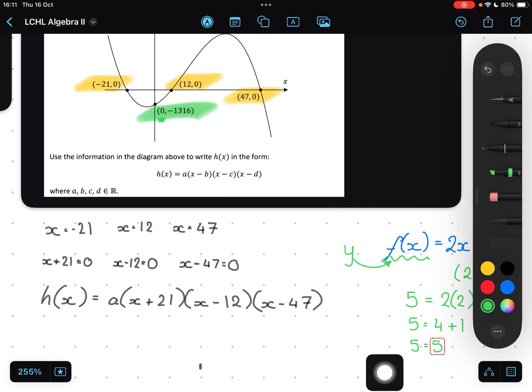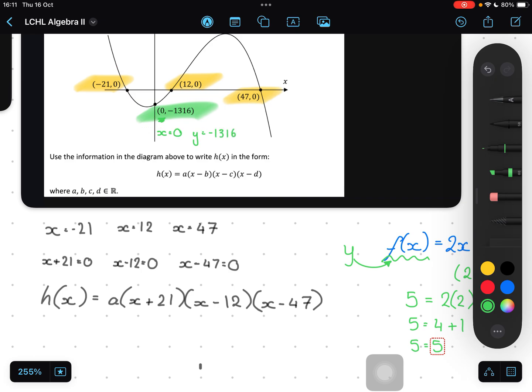Well, I'm going to do exactly the same thing. I've been given an x value of 0 and a matching y value of minus 1316.